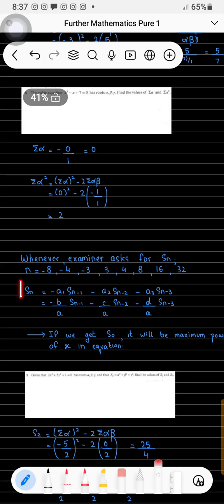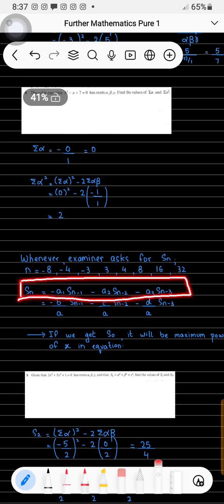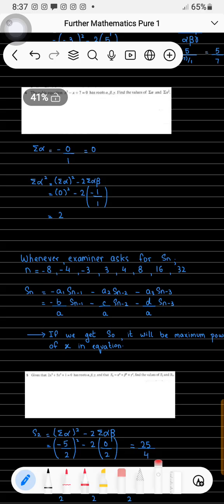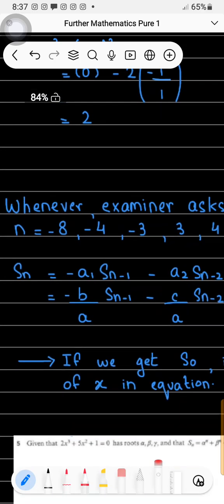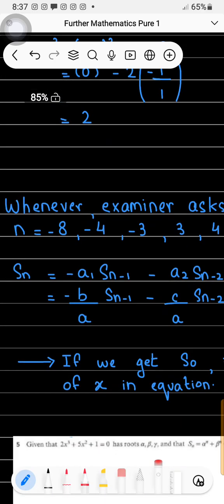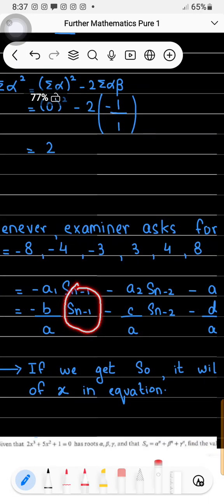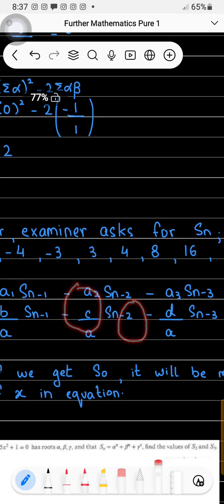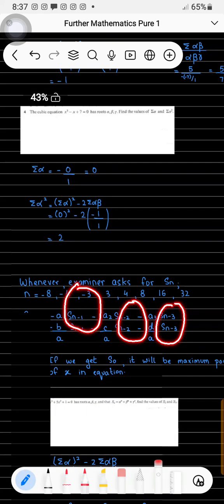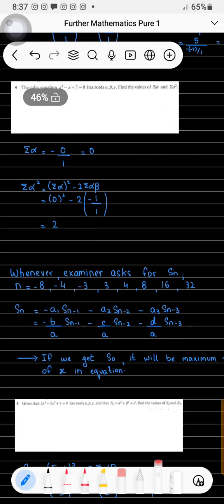We have a general formula: Sn equals negative a1 Sn minus 1, negative a2 Sn minus 2, negative a3 Sn minus 3. And I told you that a1 equals b upon a, a2 equals c upon a, a3 equals d upon a. And if we get S0 in our formula, it will be the maximum power of x in the equation.